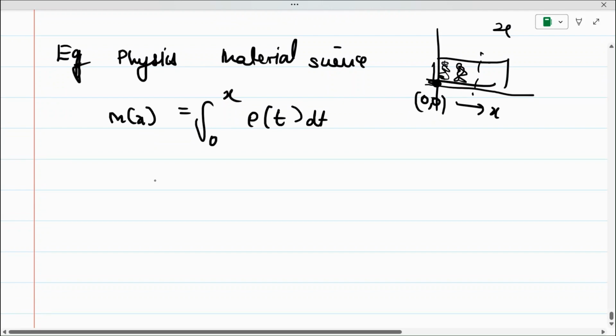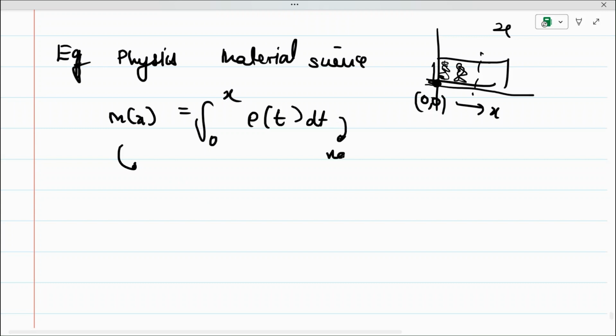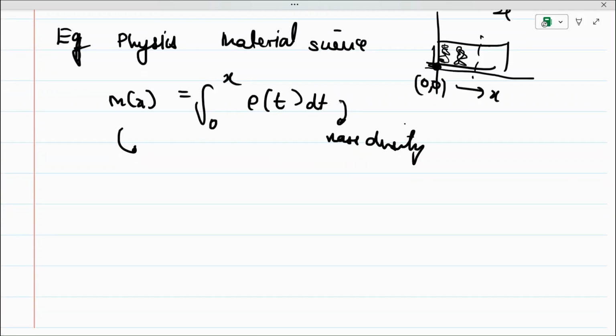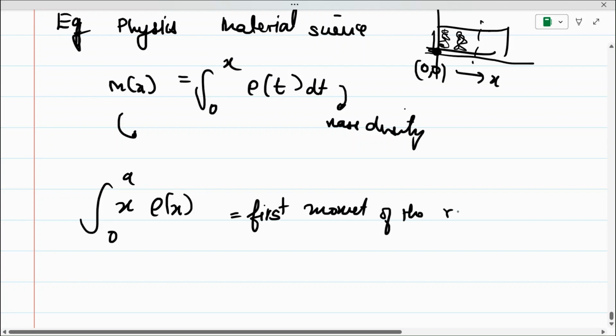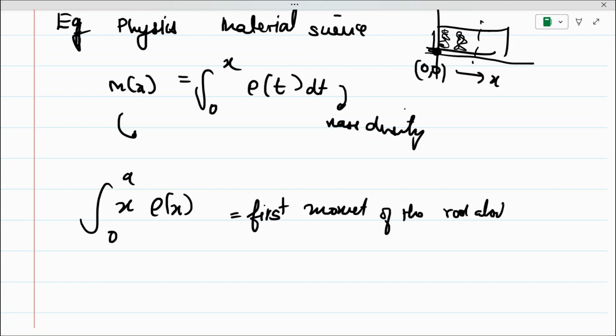So then, mass of the rod, and this is the mass density. So the integration of mass density. And now we just have a neat looking thing called the first moment of the rod about 0.